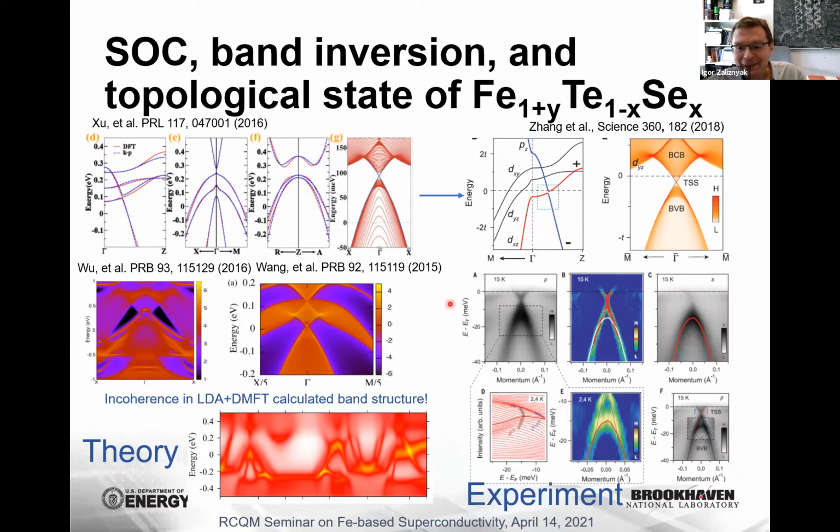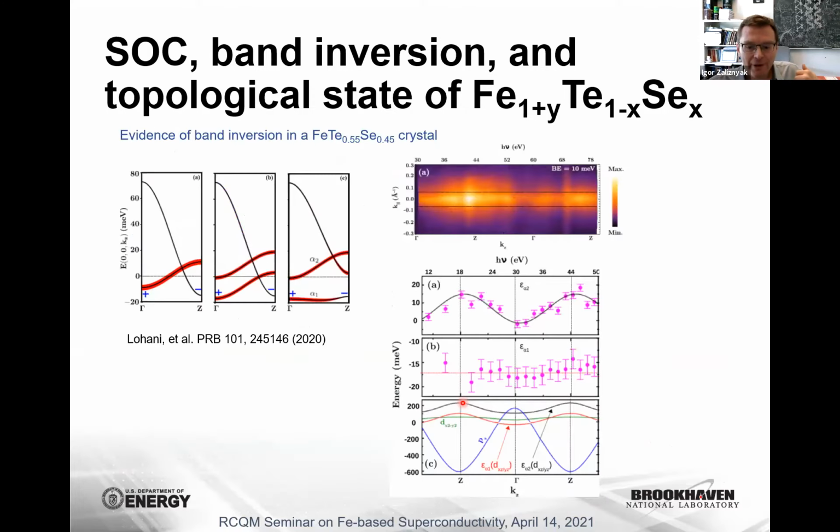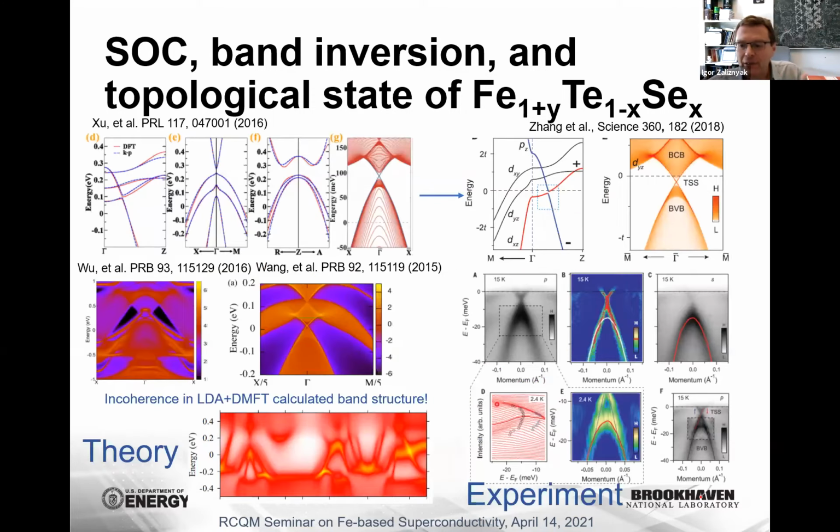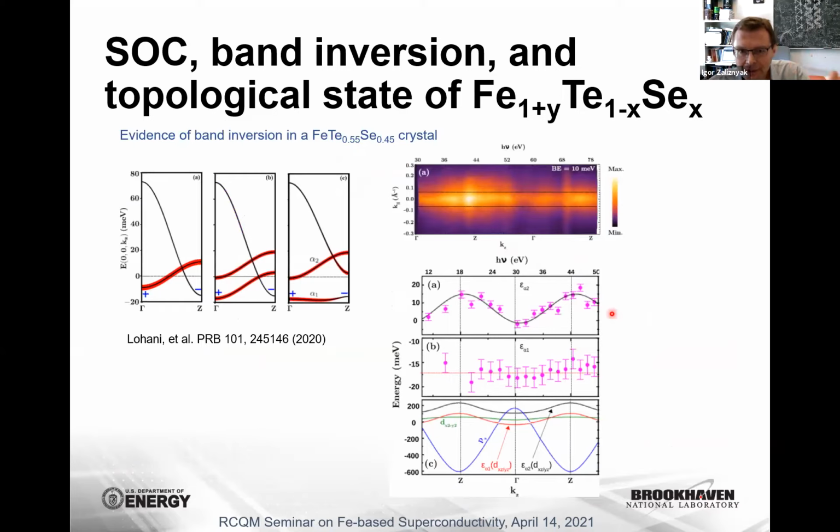So it was a disagreement which was very favorable for us. Now, that this is a topological surface state, of course, relies on the fact that there is a band inversion, and there were subsequent studies, and one of these studies was actually reported earlier in this nice seminar series by Kanigel.